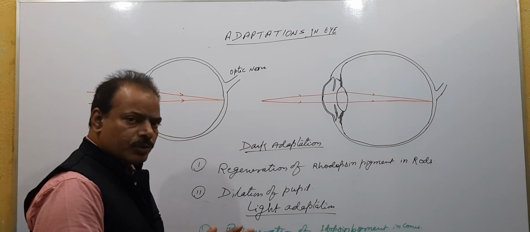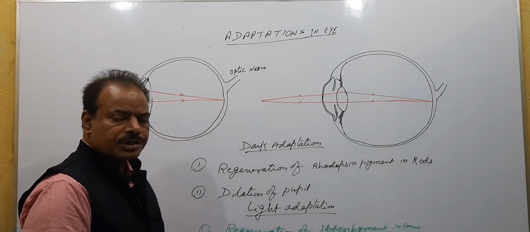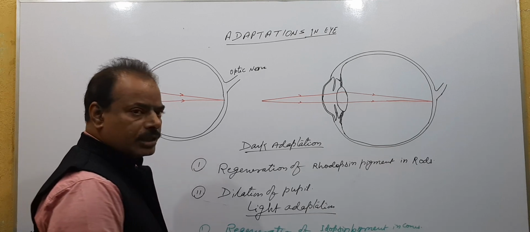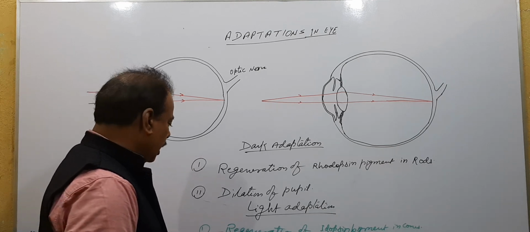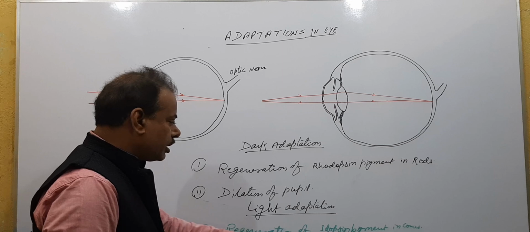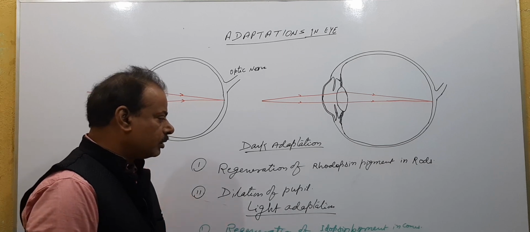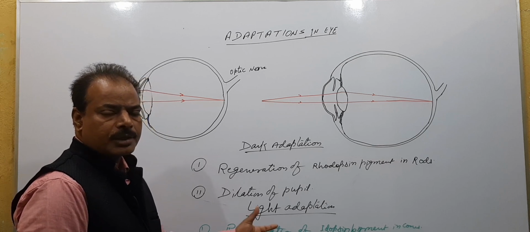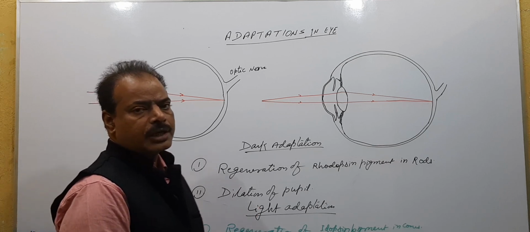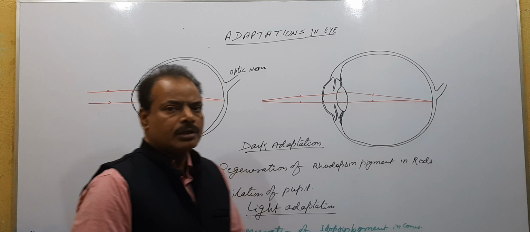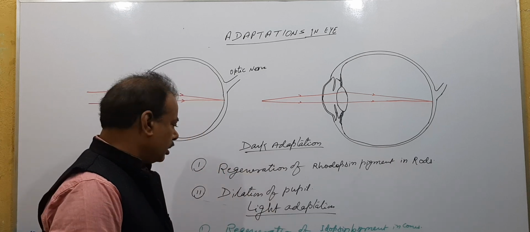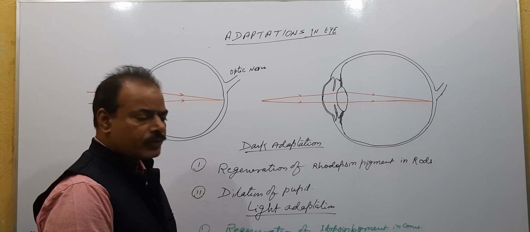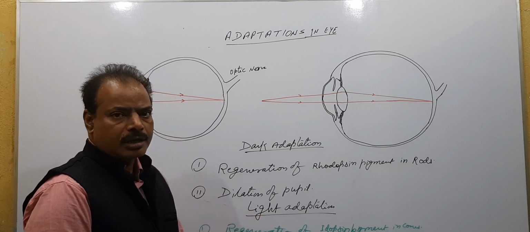But after a few alterations in our eye as well as lens, we can see the objects clearly, and these are number one, regeneration of iodopsin pigment, and second is narrowing of pupil. So after these two alterations, we can see clearly after a few seconds in the brightly lighted area, and it is known as light adaptation.